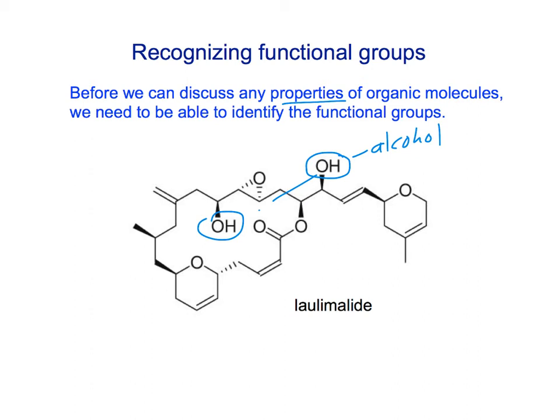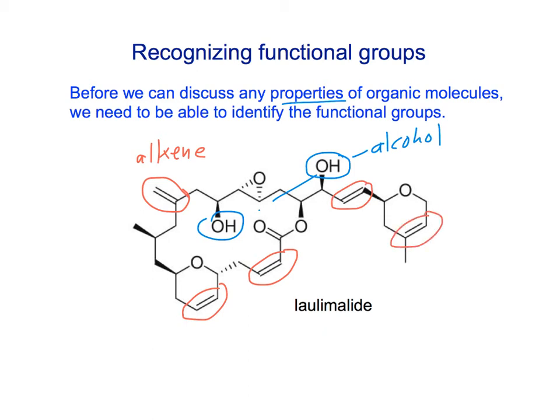So do you see any other functional groups in this molecule? All right, well, what's this right here? Okay, this is an alkene, carbon-carbon double bond. Are there more alkenes? Yeah, there's one here, there's one here, there's one here, and there's another one over here.